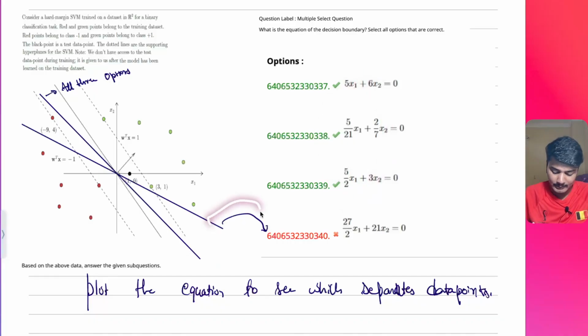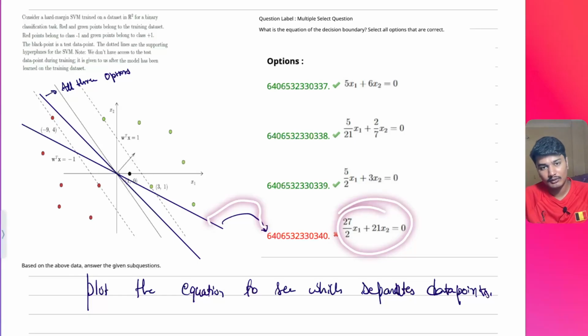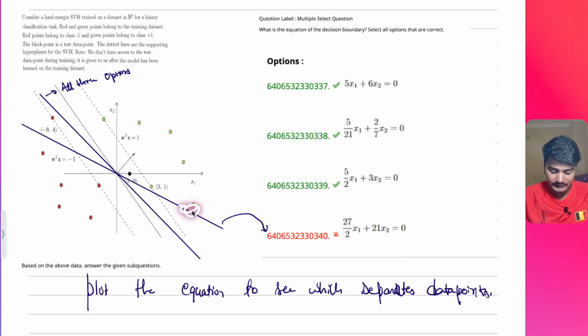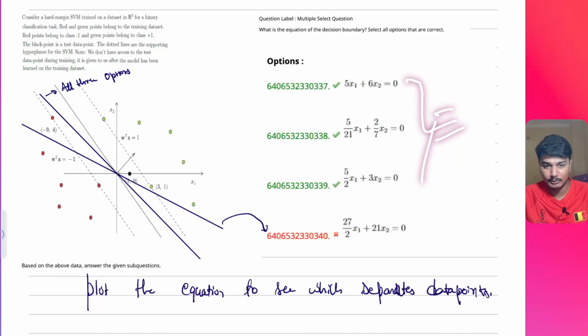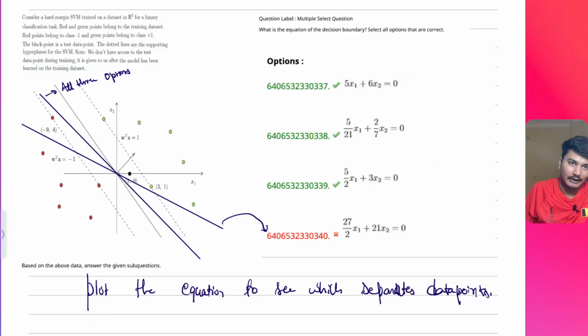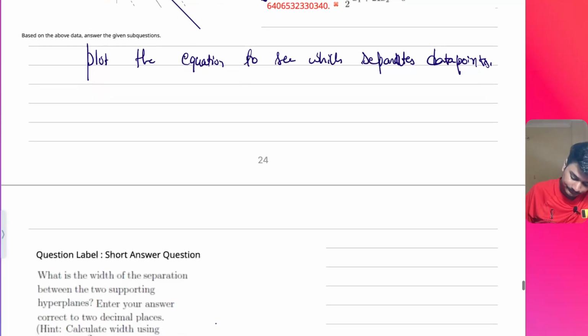We can clearly say that this one is not a decision boundary because it does not classify this point correctly, but these three are all decision boundaries which classify properly. We can verify this by plotting.